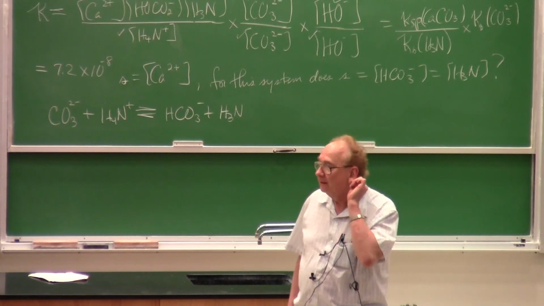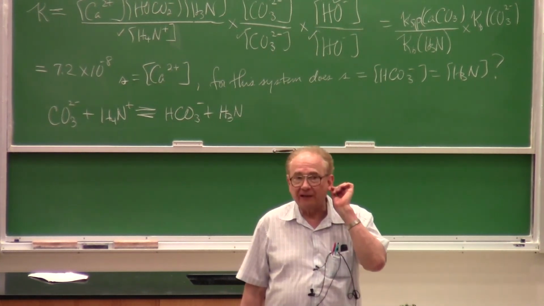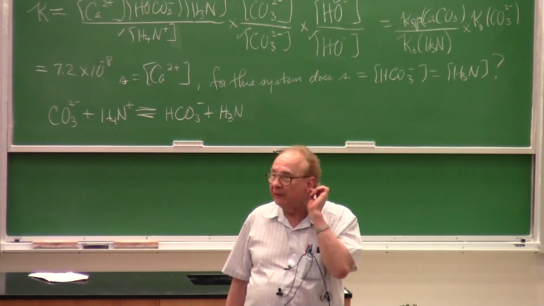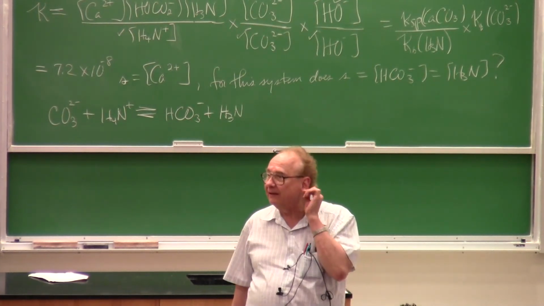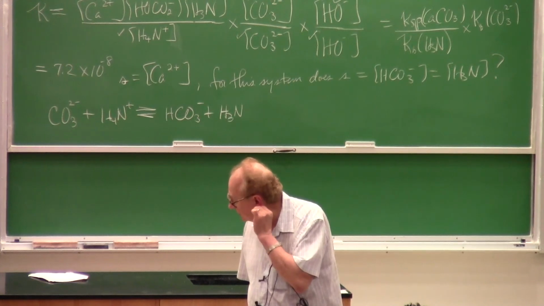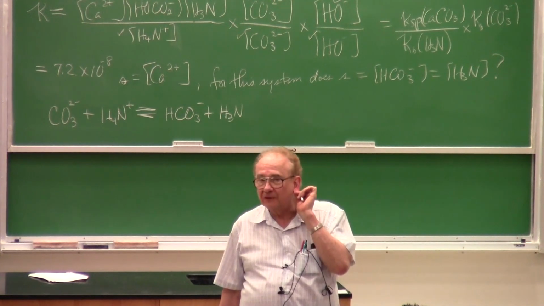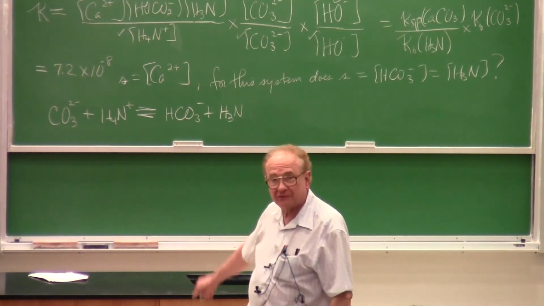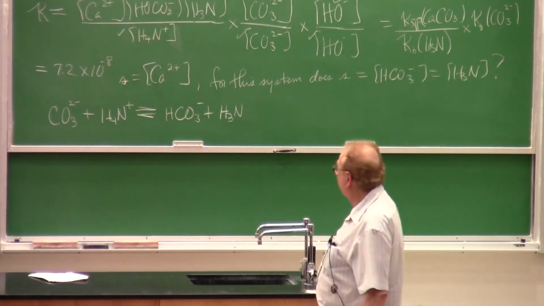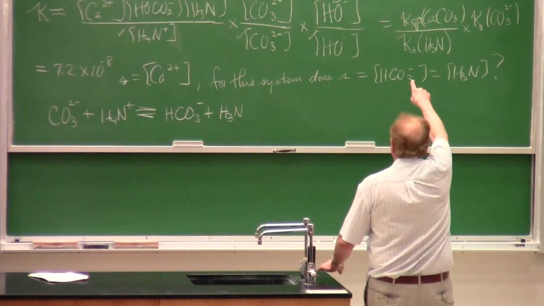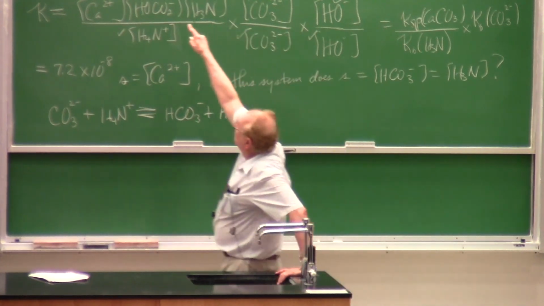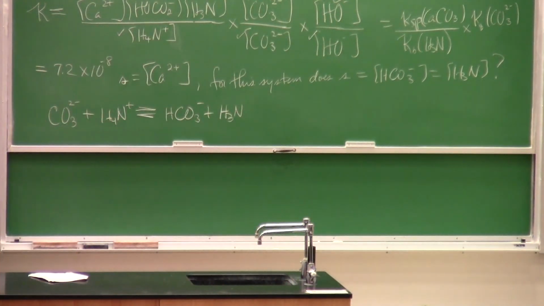For a reaction, what numerical value assesses the extent of the reaction? What numerical value assesses the extent of calcium carbonate reacting with water? What is it? It's the K value, isn't it?